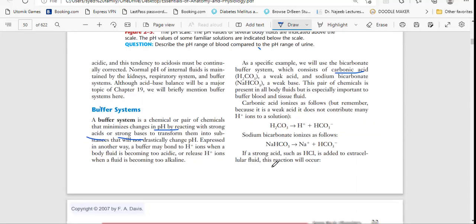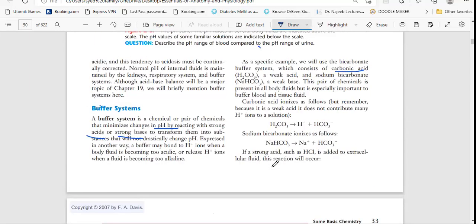What will happen in the body? We have two buffer systems. One buffer system has two substances. One is carbonic acid. This is a weak acid. Next is sodium bicarbonate.